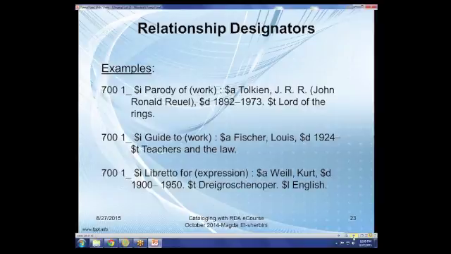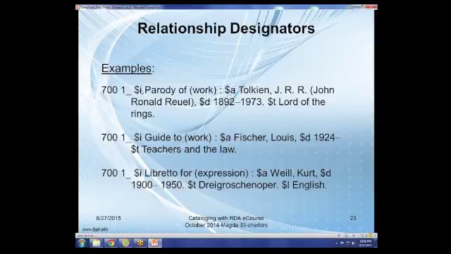Okay, so other examples of a relationship designator between one work and another work is parody of, for instance. If somebody has a parody of Lord of the Rings, this is how you would record that relationship.